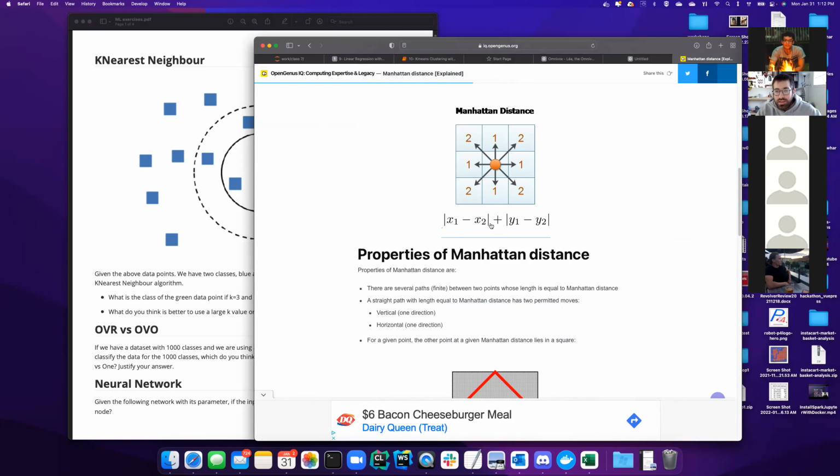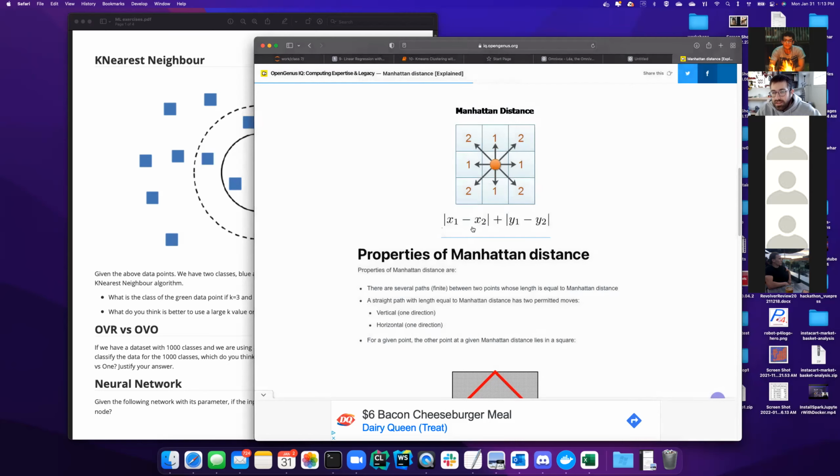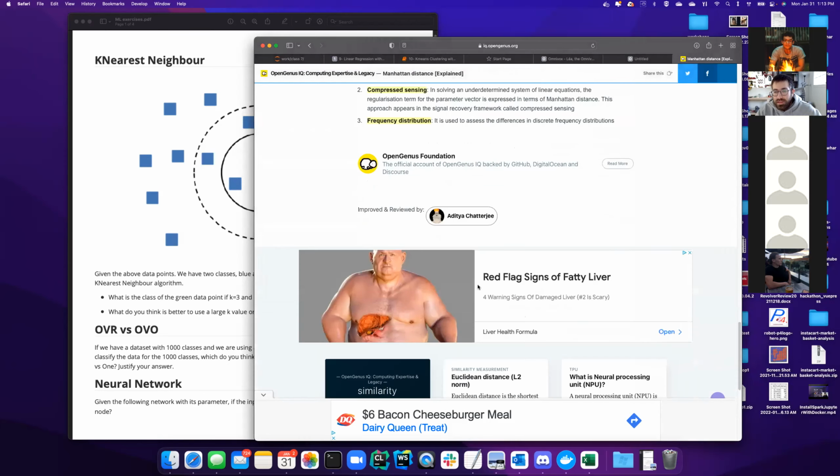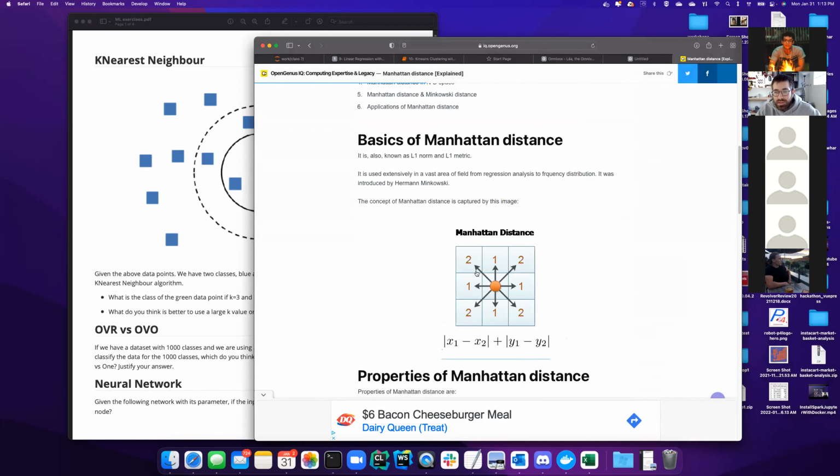So if you have two points, x1 and y1 for the first, and x2 and y2 for the second, and you're calculating its distance, it's basically just the difference between the x's plus the difference between the y's, with the absolute value of them to remove the negative signs. And that's called the Manhattan distance. So that's another distance measure that is widely used also.